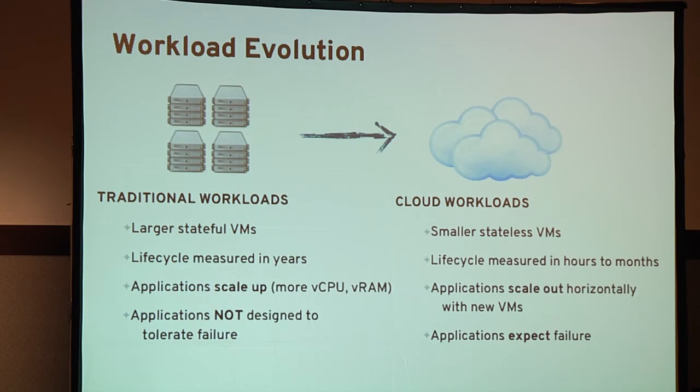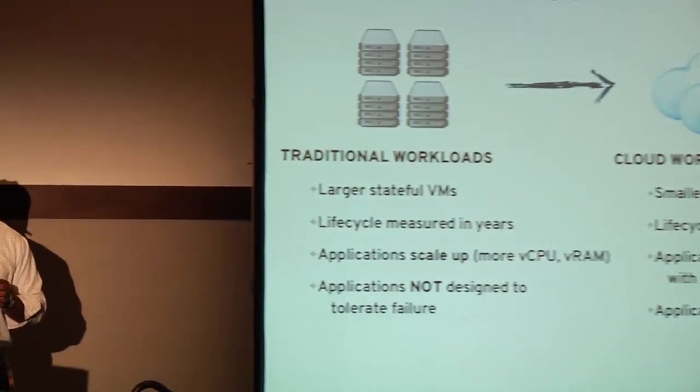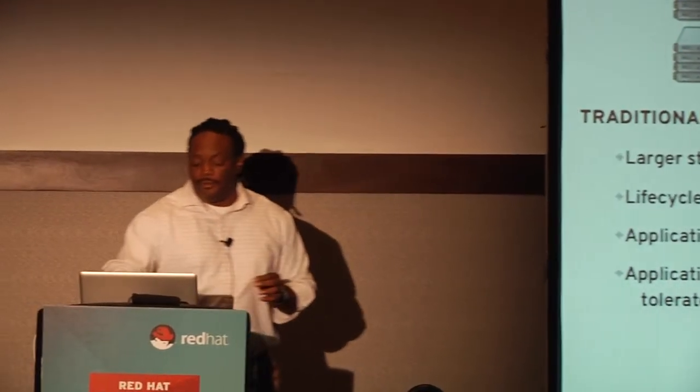I call this gold-plated hardware. So enterprise apps expect gold-plated hardware. And on the other side, with cloud, the applications expect the commodity hardware to fail, okay? So there's a different philosophy. The fault tolerance on the cloud side is built into the application layer, not the hardware.